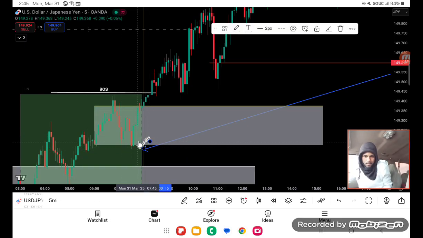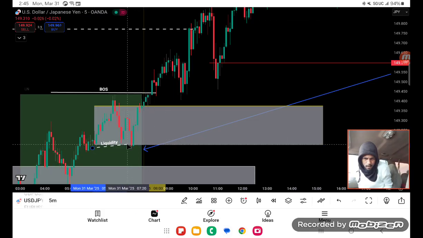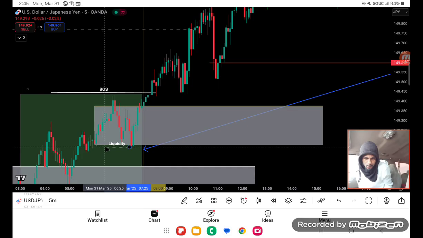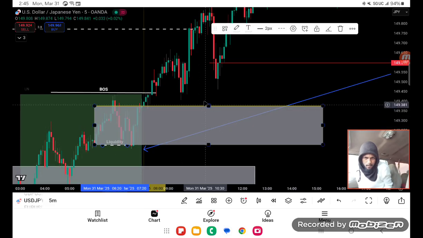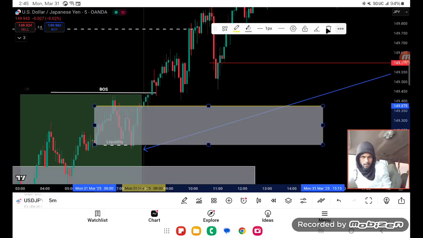All right. What happened? This low right here. Y'all see where price comes right under this low. Bam. Right here. I'm going to erase this gray box actually so you can see it even better.